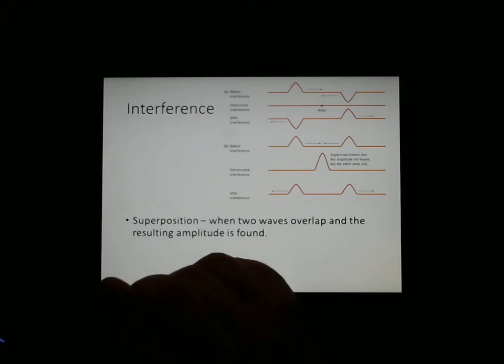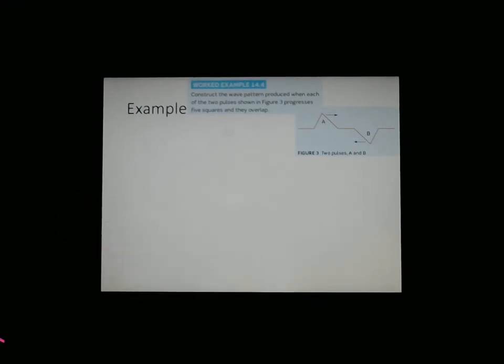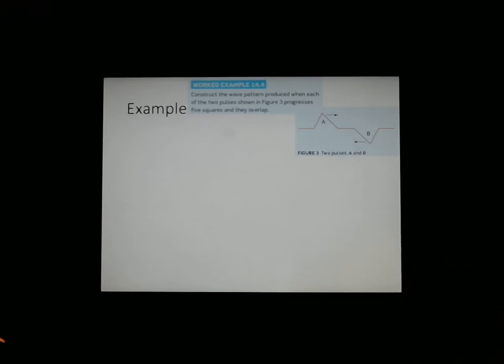Let's have a look at an example of this. My drawing is probably not going to be as good as Walding's on this, but let's give it a shot. We're after the wave pattern produced when each of the two pulses progresses 5 squares and they overlap. They're currently 4 squares away from each other.